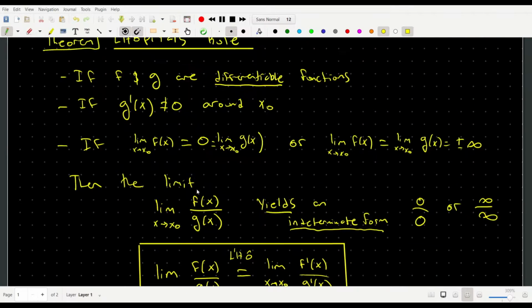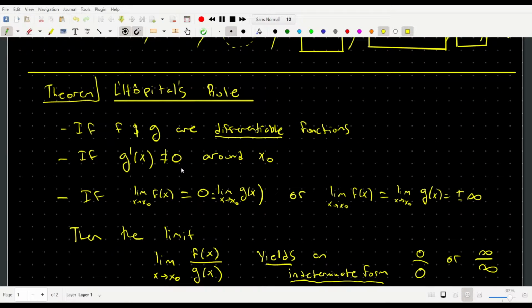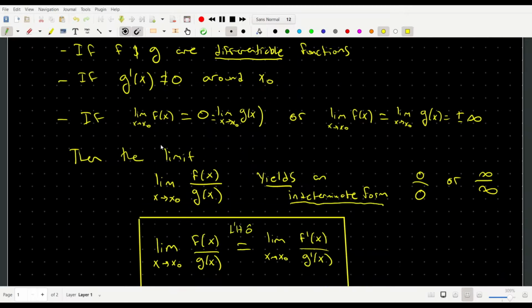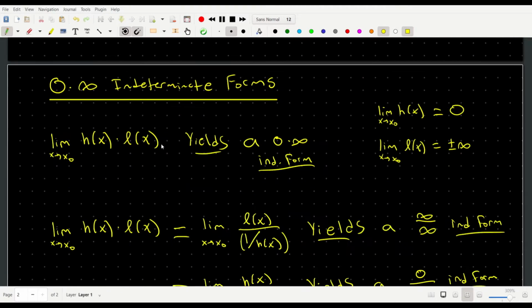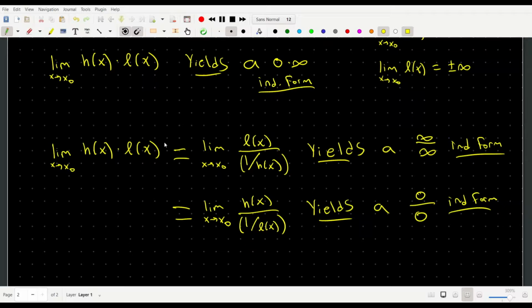And we can directly apply L'Hopital's rule that we talked about in the previous lecture to this new expression. So this is the main method here for dealing with 0 times infinity indeterminate forms.